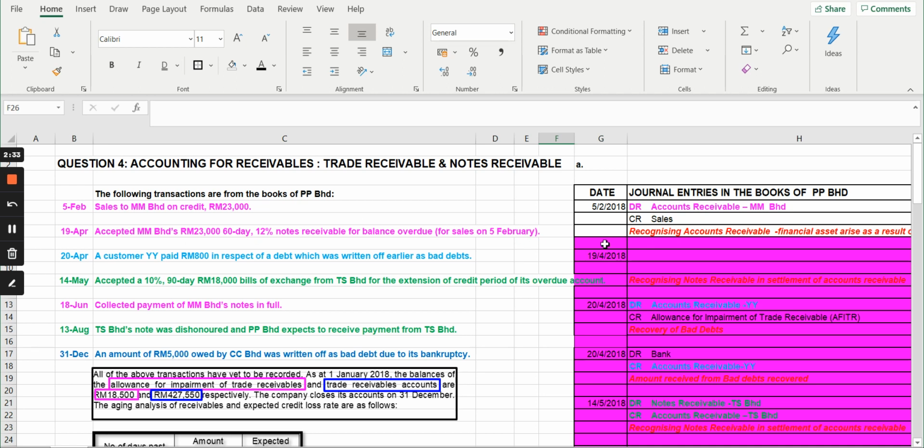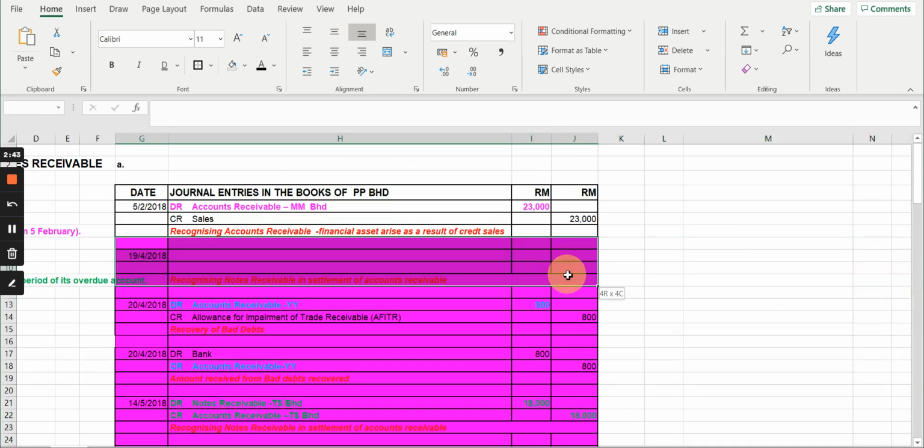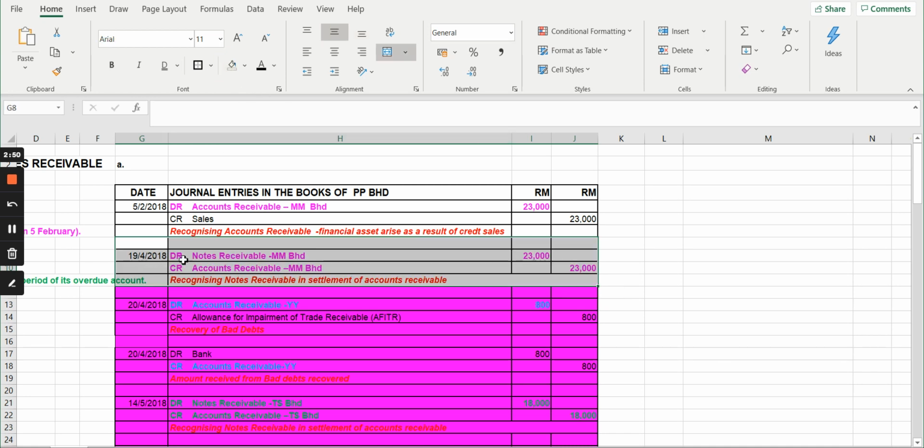So that is for you to record on the date you accepted the note, right? On the date that you accepted the note, if you can recall, earlier there was trade receivable, but because of this note, the trade receivable will have to be credited now, and the note has a stronger claim, so it will be debited. What is debited? The notes receivable from Berhad, and how much?